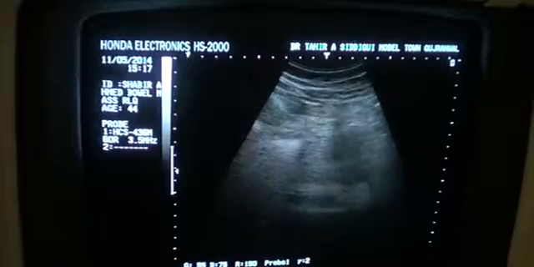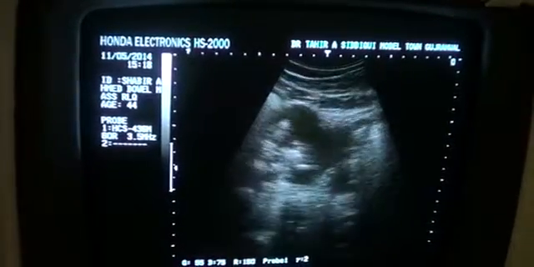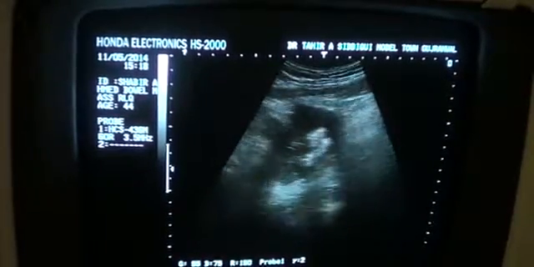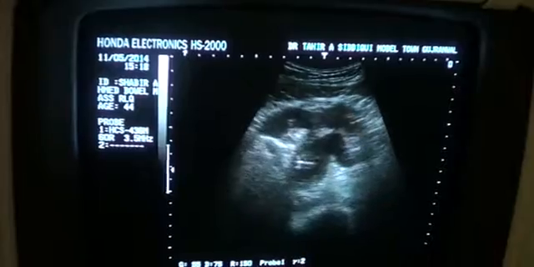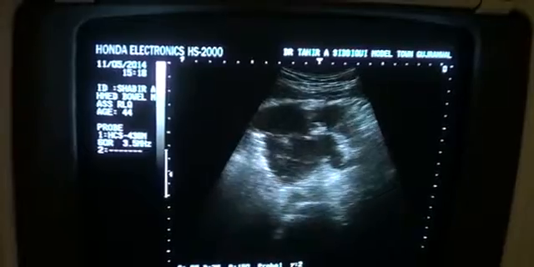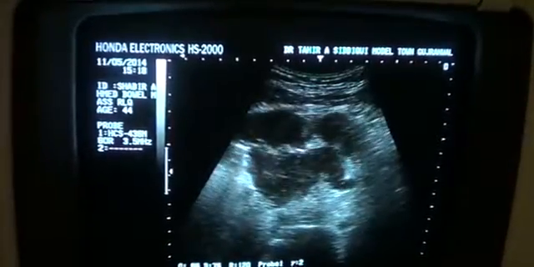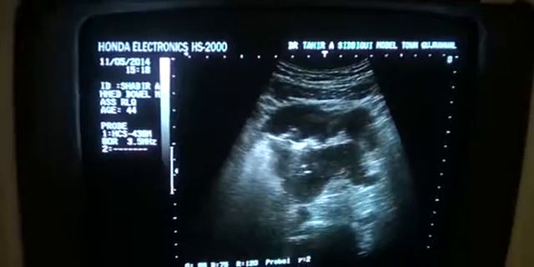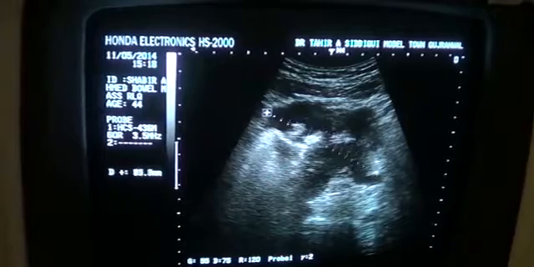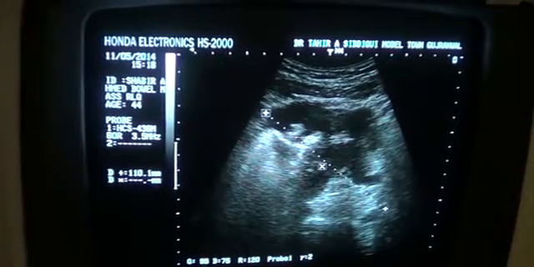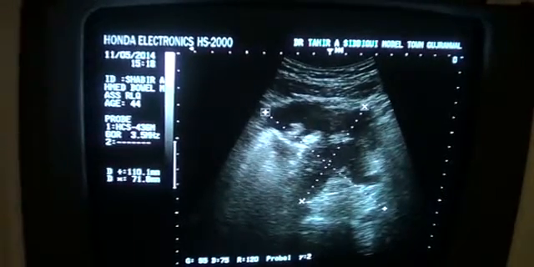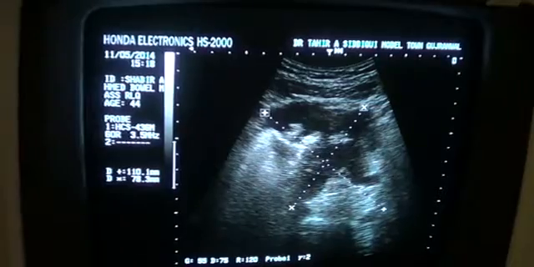This is its total dimension, the total dimension of the mass noted in the mentioned region. It measures approximately 11 centimeters by 8 centimeters.